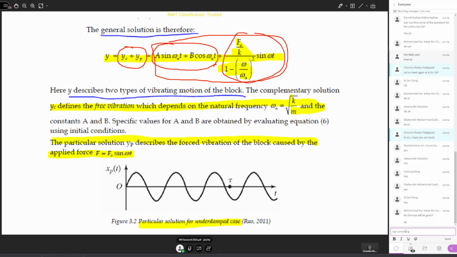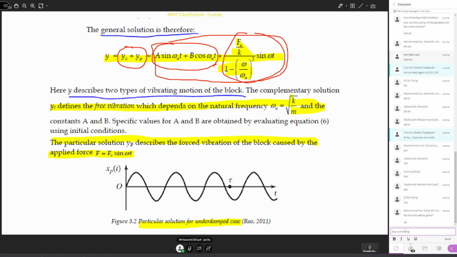So you can see that now the solution has two parts. This is the response of the general solution for a mass and spring system with external frequency omega.